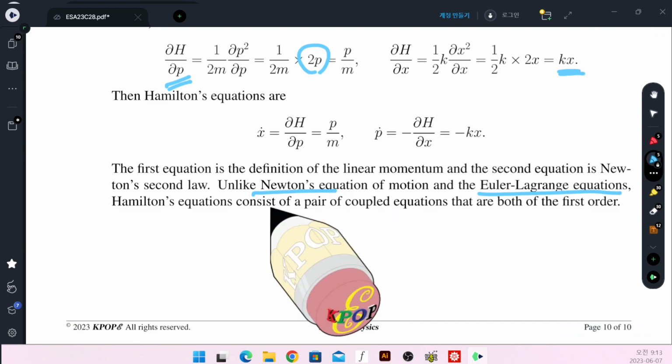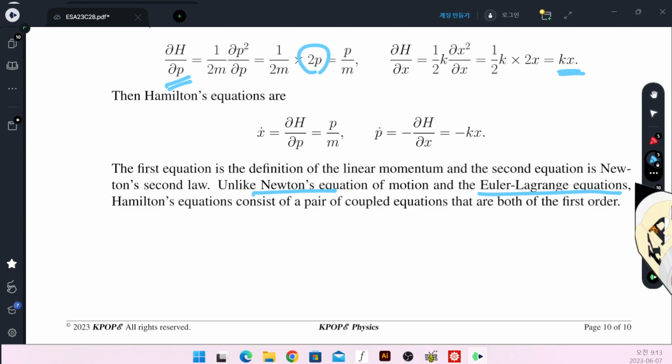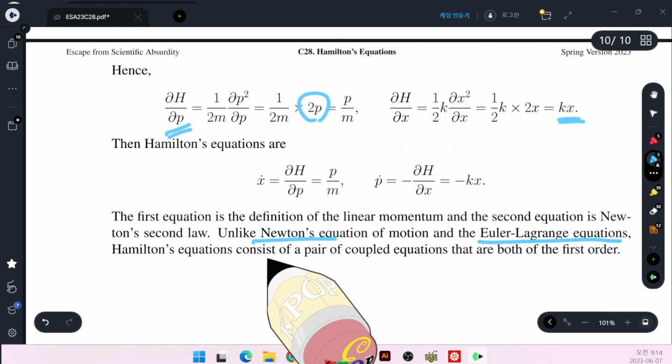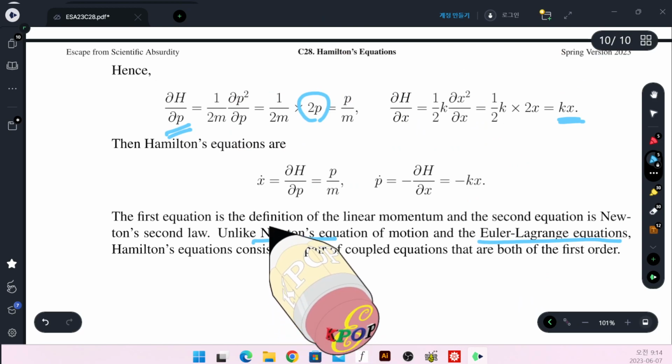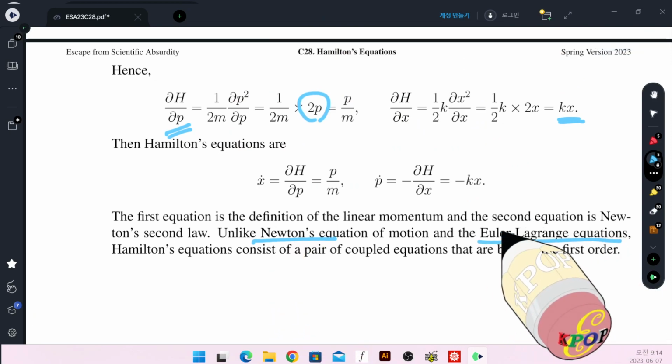Although Newton's equation of motion, the Euler-Lagrange equation of motion and the Hamiltonian are all equivalent, nowadays we prefer either the Euler-Lagrange equation or Hamilton's equations to direct construction of Newton's equation of motion. Because Newton's laws of motion are restricted to non-relativistic classical mechanics.